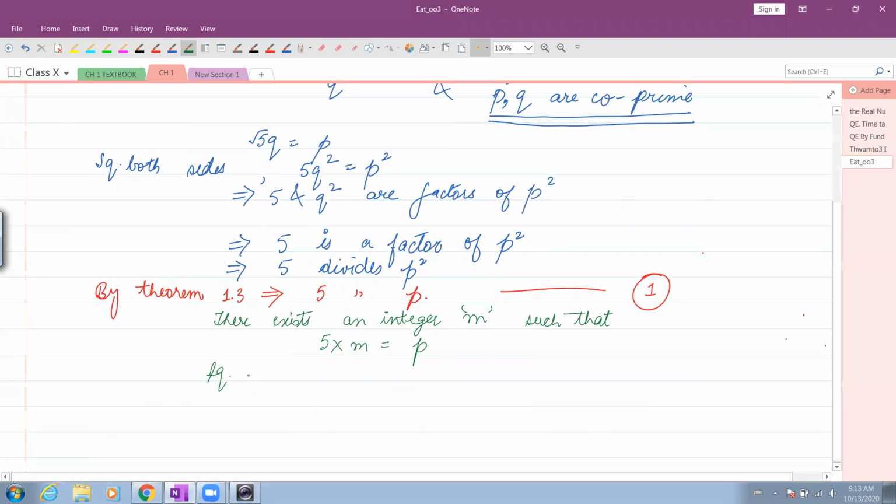I'm going to square the sides again. Use the value of p square that you have over here. p square की value आपके पास.